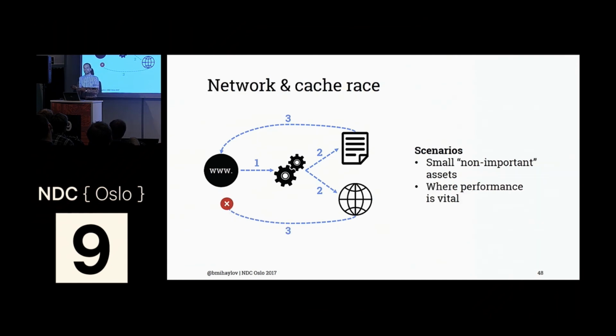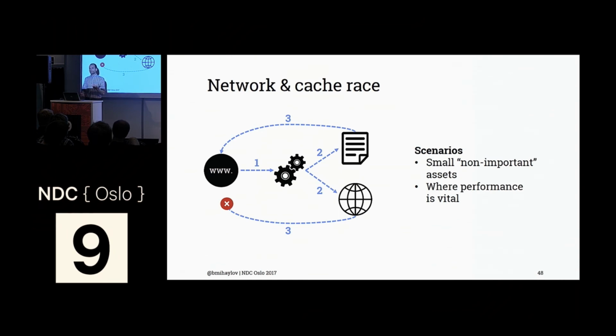In other situations, you could do the so-called network and cache race. What does it mean? You could say that I want to always show the online version of this resource, but I'll give it a timeout. I want to be very fast, so I really want my application to show quickly. So I'll do a try. If you have a fast connection, good, just show me the resource.